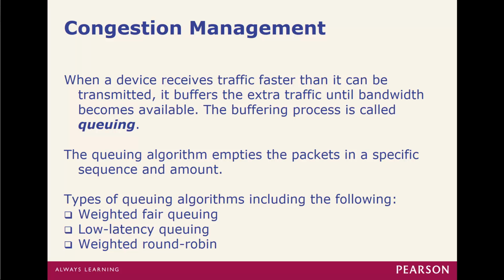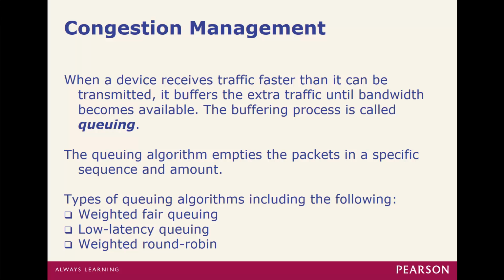Congestion management is when a device receives traffic faster than it can transmit, so it will buffer. That buffering process is called queuing, and the queuing algorithm empties the packets in a specific sequence and amount. Normally, that exiting of the queue could be one of three types: weighted fair queuing, low latency queuing, or weighted round robin queuing.